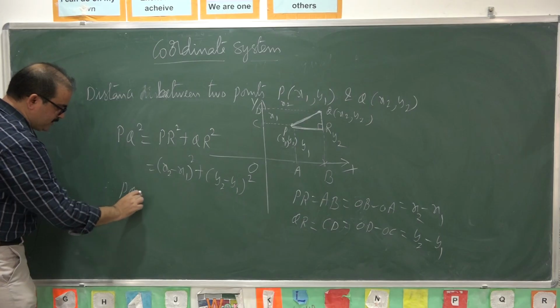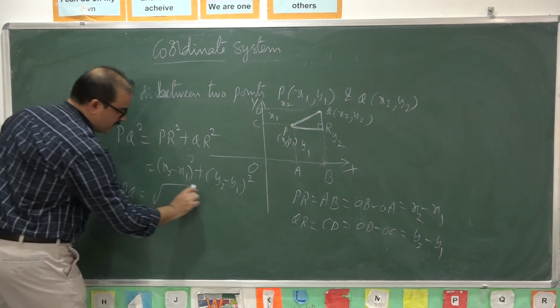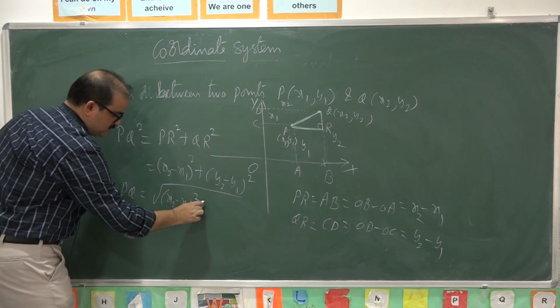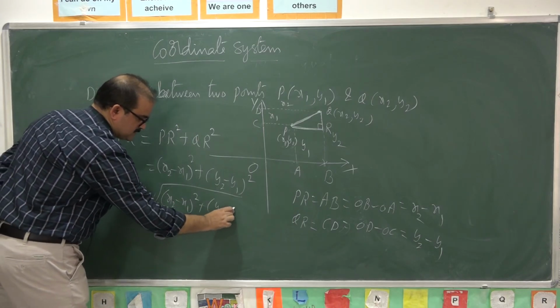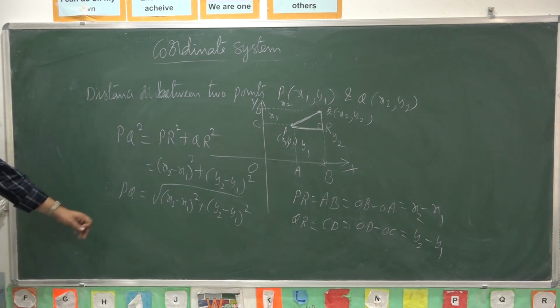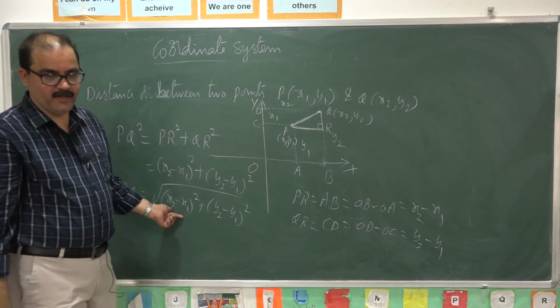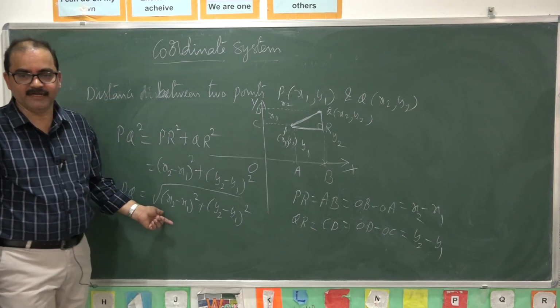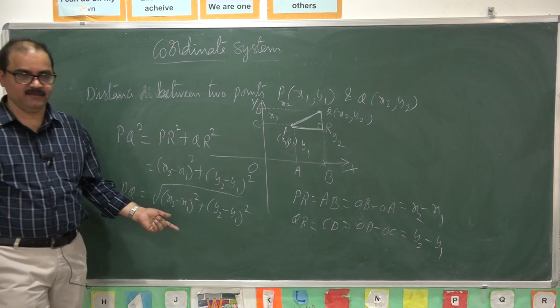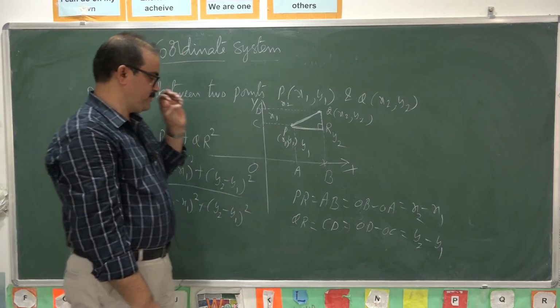Therefore, PQ is equal to square root of X2 minus X1 whole square plus Y2 minus Y1 whole square. This is the formula to find the distance between any two points P x1 y1 and Q x2 y2.